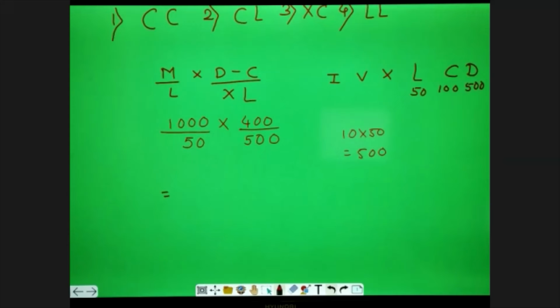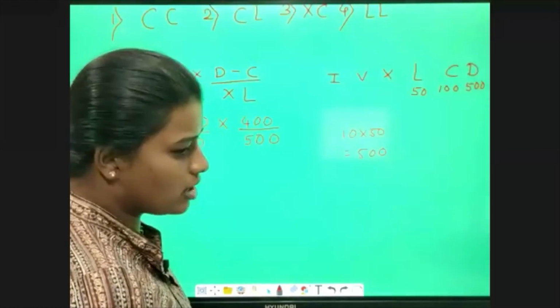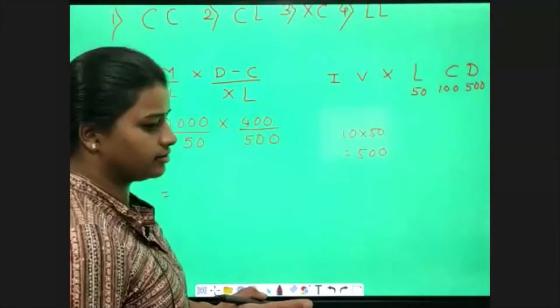Anvi, Arnav, Soham, everyone is giving a different answer. Find out what it will be. 4,000. Sorry, 4 lakh. Ma'am, 4 lakh. Yes, Arnav, you're right, but you have to explain that answer.